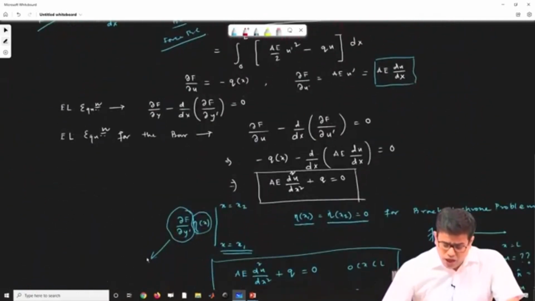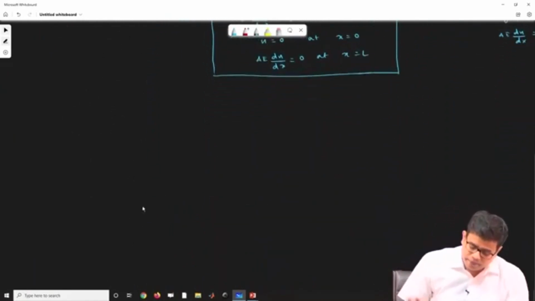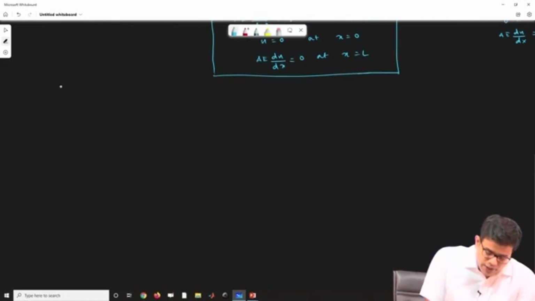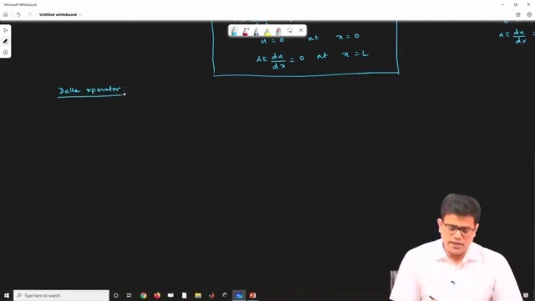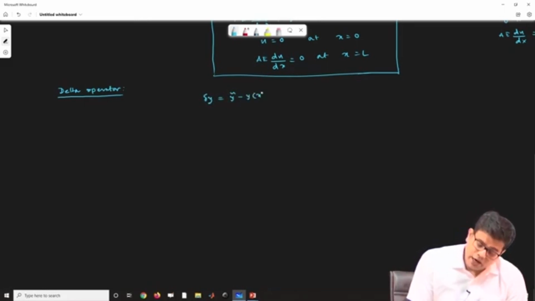Before coming to that, let me introduce one important aspect, known as the delta operator. This is very simple. We need not learn it in detail here. So we write the variation of y in terms of y tilde and y(x) earlier.